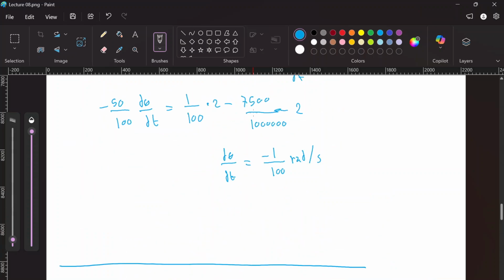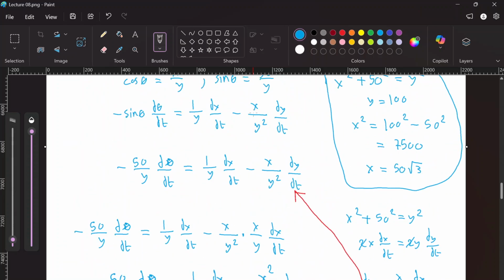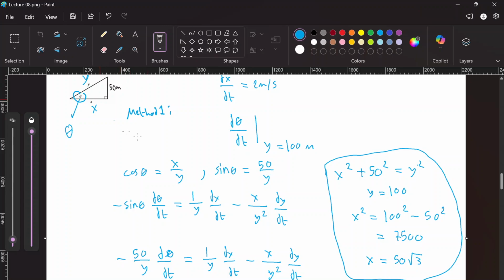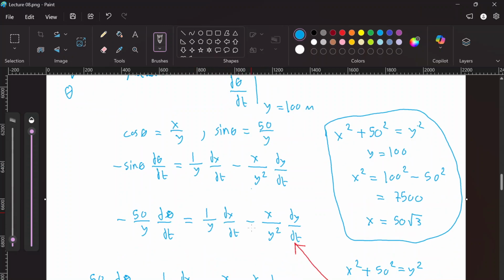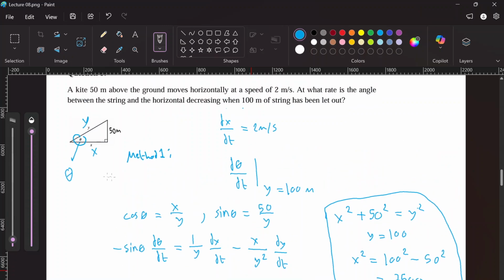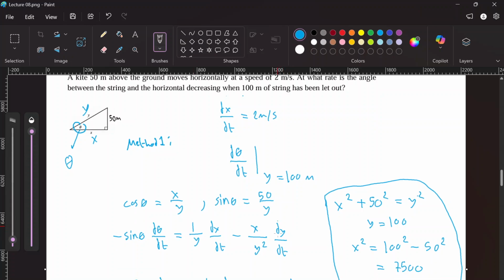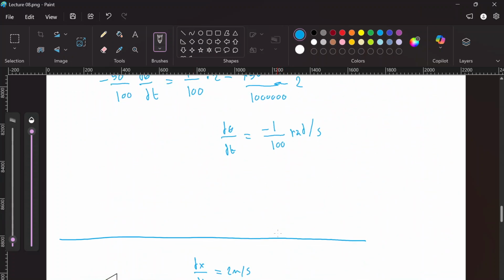You can use cosine as before, because cosine has theta and x, right? But it also has y, making it harder. You can also use sine theta if you want, but it will be at the same level as cosine theta.